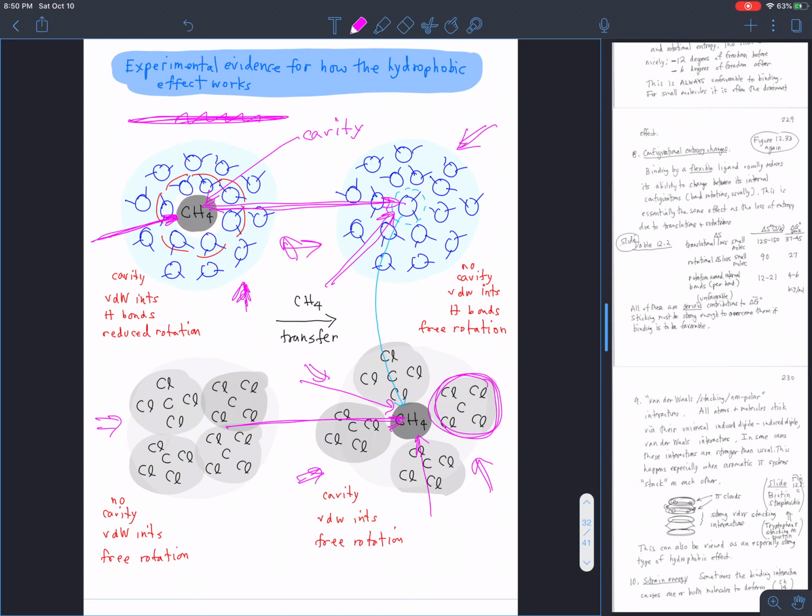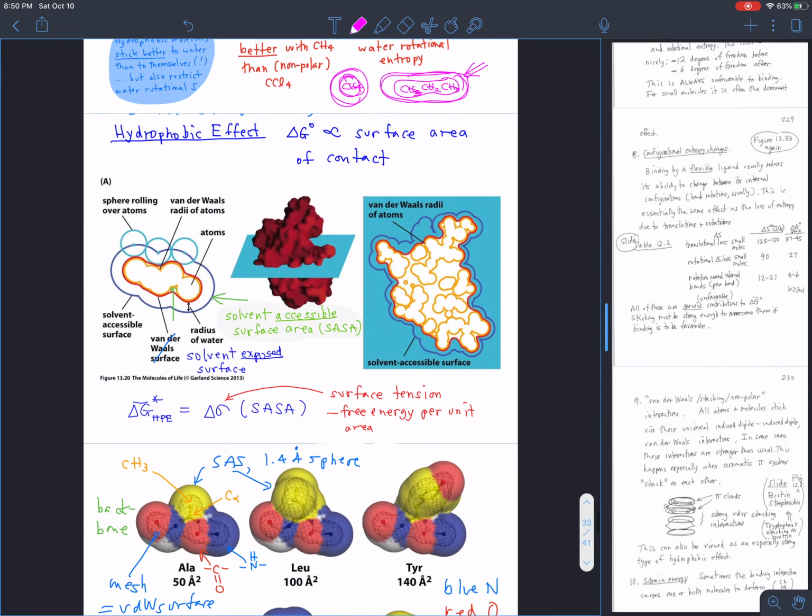So I mostly just mention it for completeness. The main effect, the main real change that's driving these reactions is the change in water rotational entropy, or so we believe. I mean, the truth is that all these kinds of things are complicated. There's a whole bunch of little contributions in addition to the main one, but the biggest single one is the water rotational entropy.